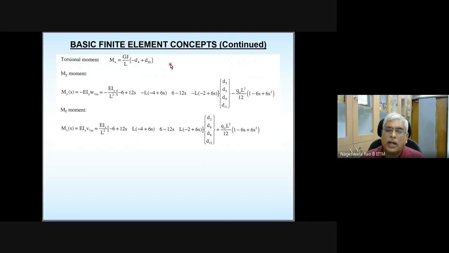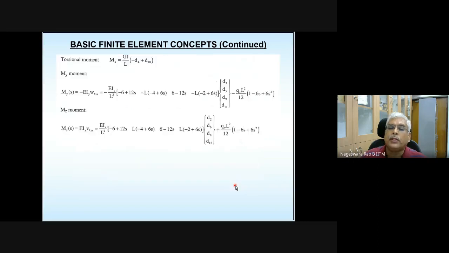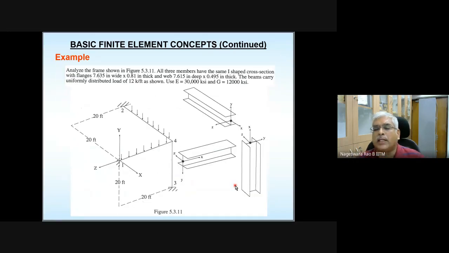Okay, so unless you solve a problem making use of all these relations, it will not be clear to you. So a numerical example is illustrated here. This gives you a complete picture of how to solve a space frame problem. At the same time, to avoid too much complication, a simple space frame is taken.